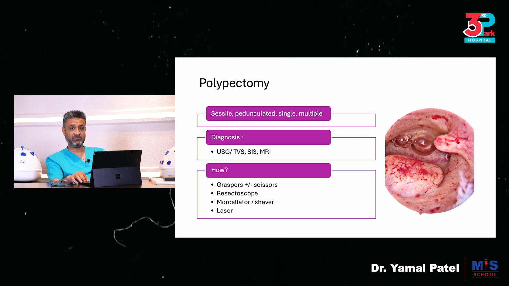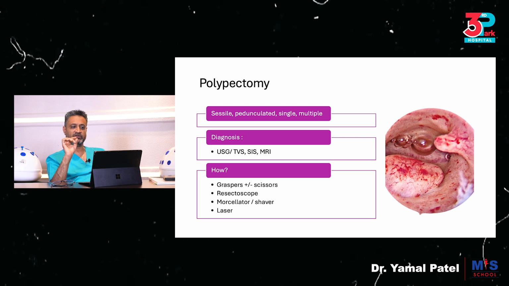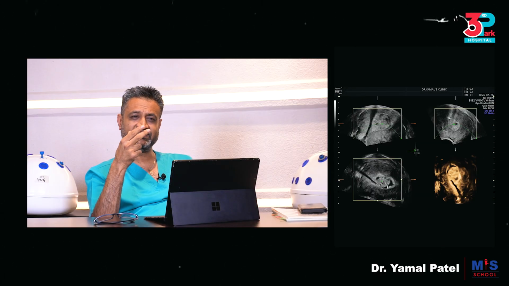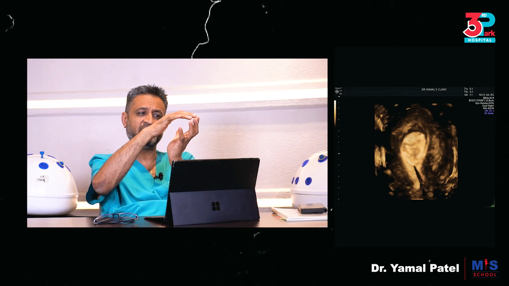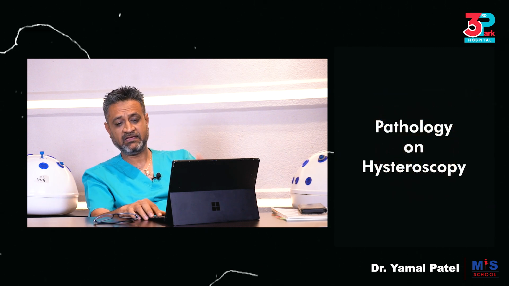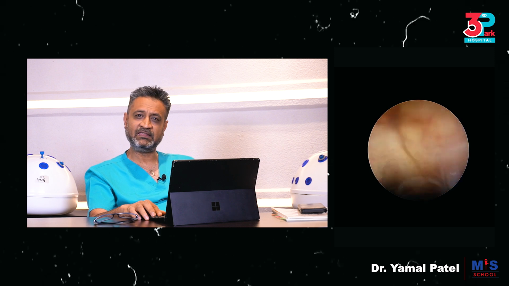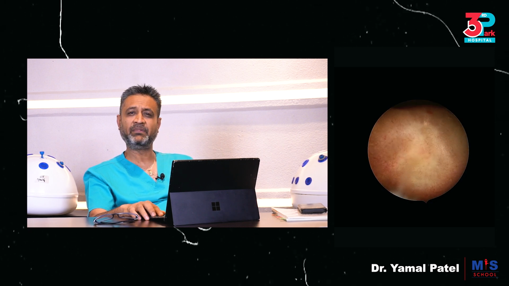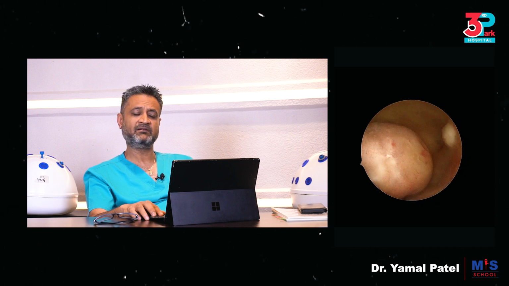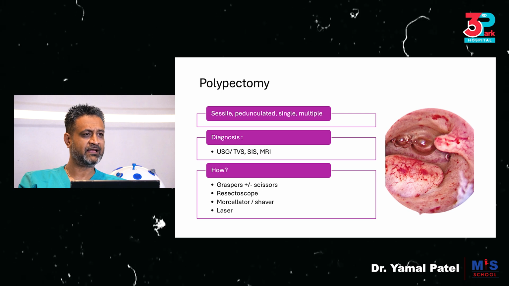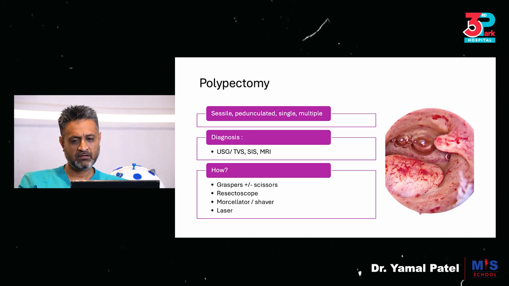They can be confirmed further by saline infusion sonohysterography, SSG, SIS, same thing, where you instill saline as you do the scan transvaginally, and with the fluid distending the cavity, as you can see in this clip here, you can easily pick up the polyp and its attachment and all the details. An MRI has also been used to diagnose or confirm polyps.